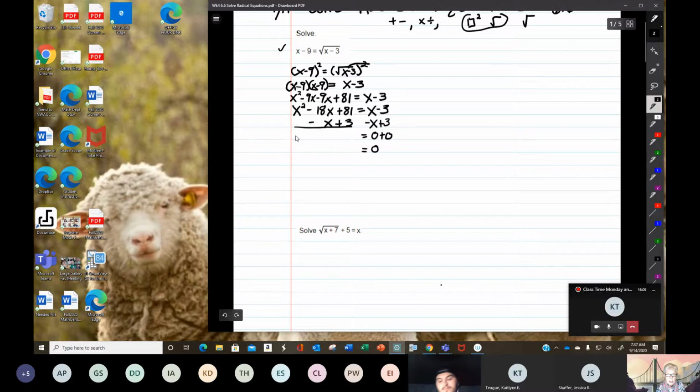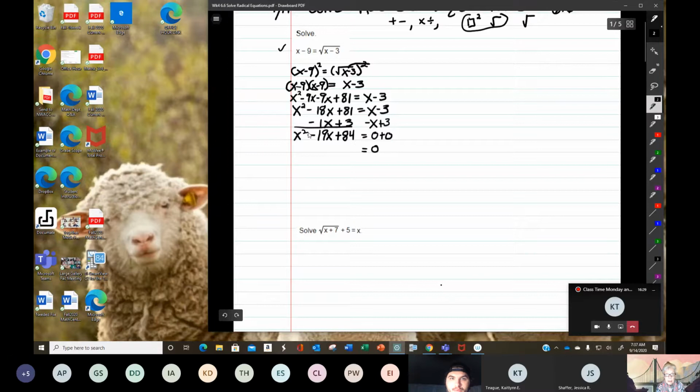But over here, I will have x squared. Now, minus 18, and then minus another x is going to be minus 19x. And 81 plus 3 is positive or plus 84.